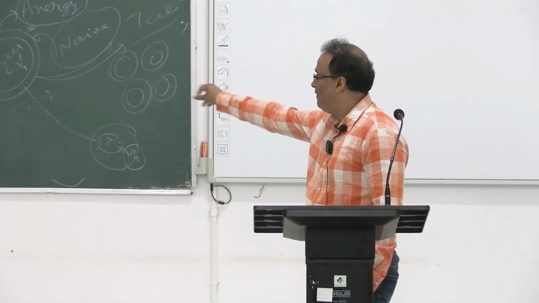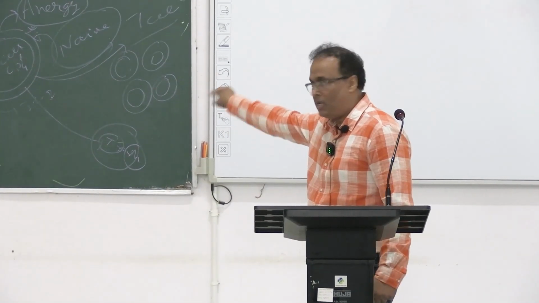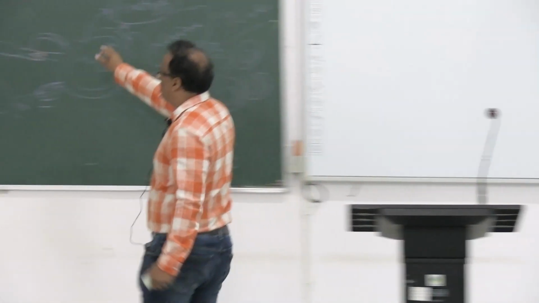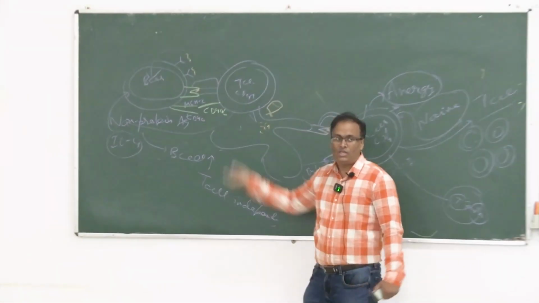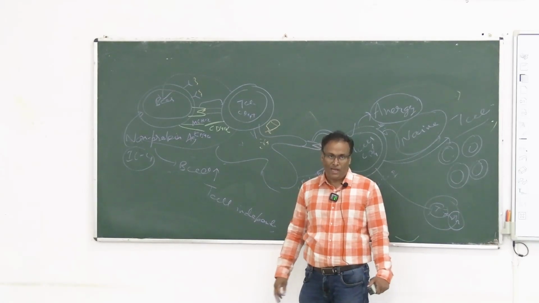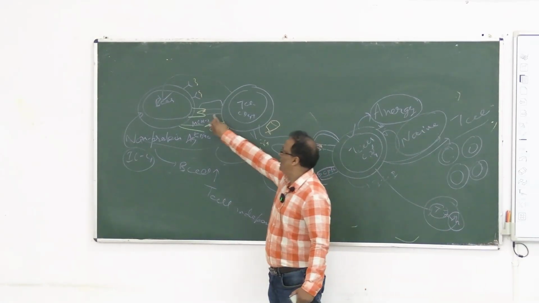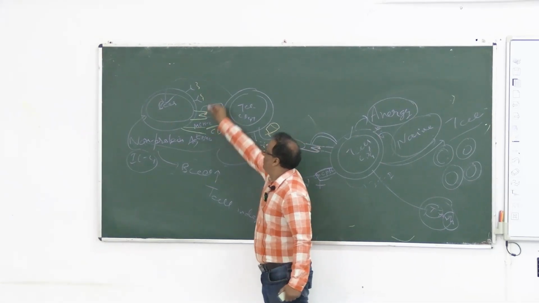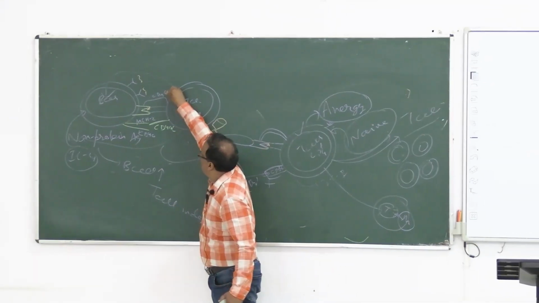Protein antigen, T cell dependent. T cell will be activated by this dendritic cell as well as B cell as an antigen presenting cell. It communicates with the T cell. T cell interaction has two interactions mainly. One is T cell receptor and MHC peptide binding. This is called CD4 co-receptor.